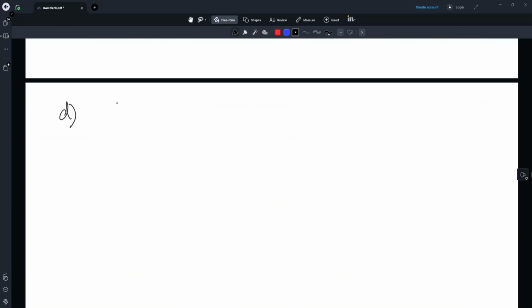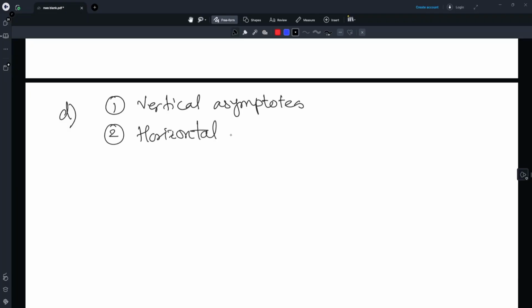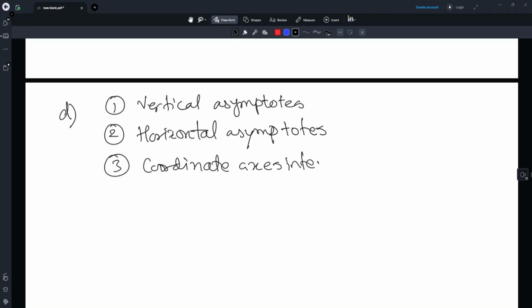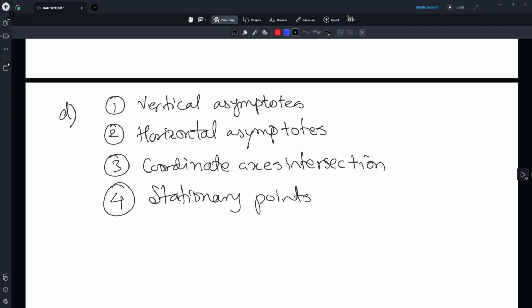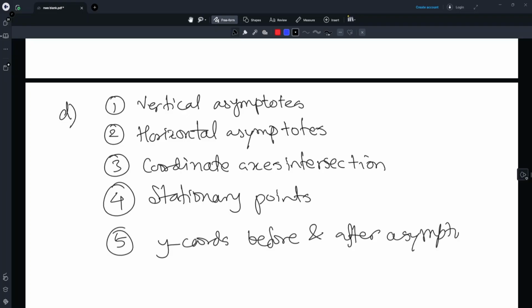First of all, we have vertical asymptotes, horizontal asymptotes, coordinate axis intersection, stationary points, and y coordinates before and after asymptotes.